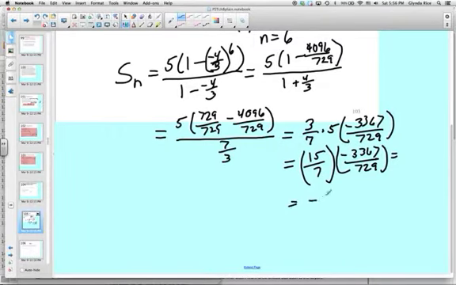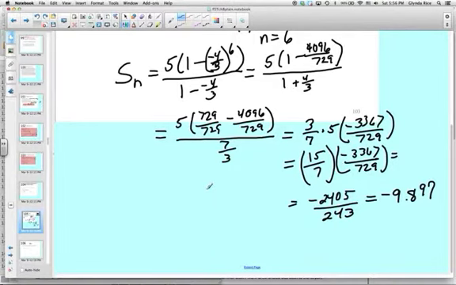I got negative 2405 over 243. If the fraction freaks you out, let's get a decimal. Negative 9.897. By the way, I chose to stop here because it was 119, so a 1 after that is pretty much of a drop off.